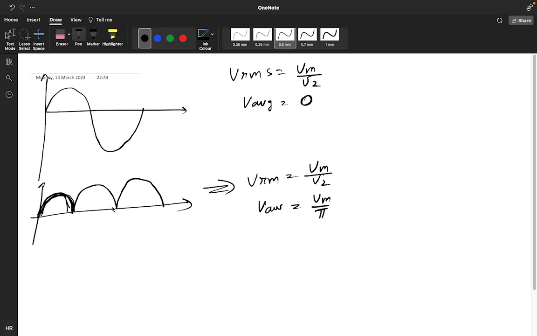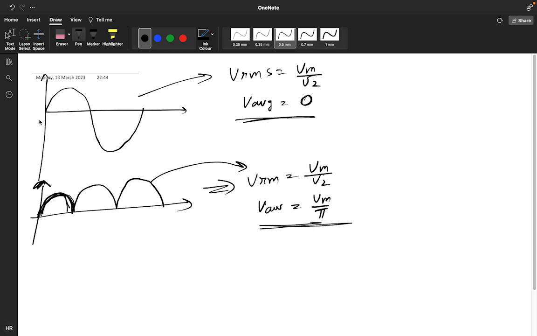What you did means, if you will square this curve, you will get Vrms will be Vm by root 2. So Vrms will be Vm by root 2 for this figure also and for this figure also. But V average you will get 0 here, and V average you will get Vm by pi here.